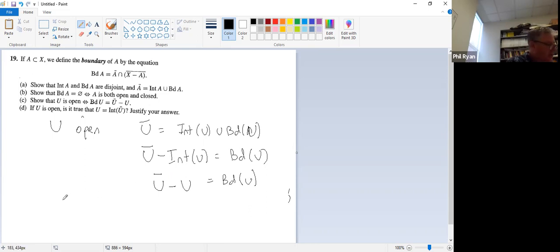What happens the other way? What happens if the closure of U minus U equals the boundary of U? Well, the interior of U union the boundary of U minus U equals the boundary of U. So we conclude from that U equals the interior of U, so U is open.